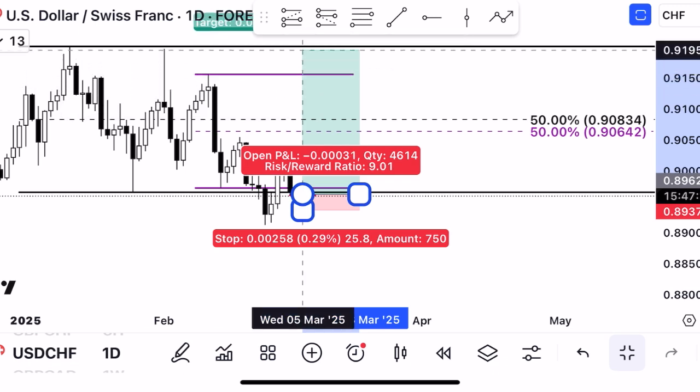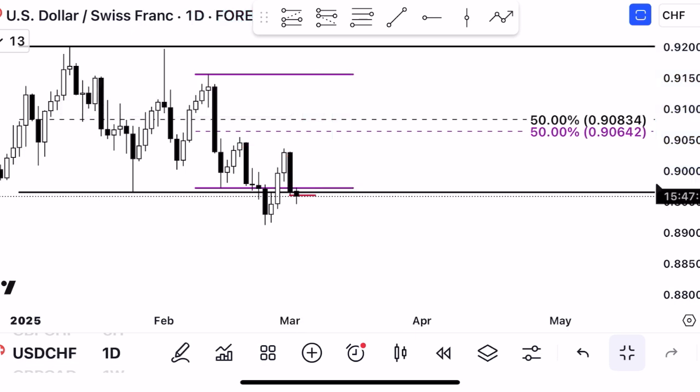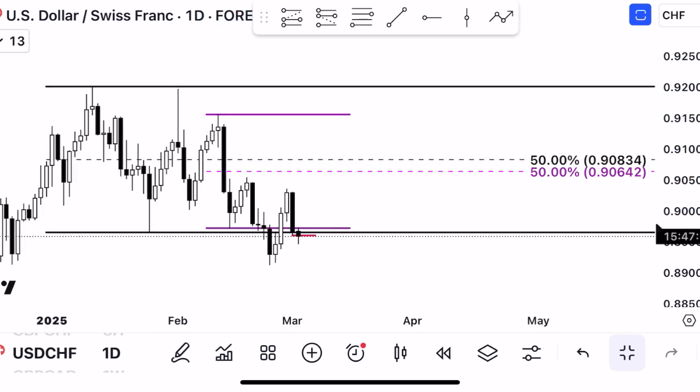And if you're holding till the monthly, we have a perfect 1 to 9. That looks amazing. If you have the patience to hold for days or weeks or even a month, then that's the only trade you need for a month to make, I don't know, a salary of 6 months, depending upon your profession. This is how I look at it, guys.